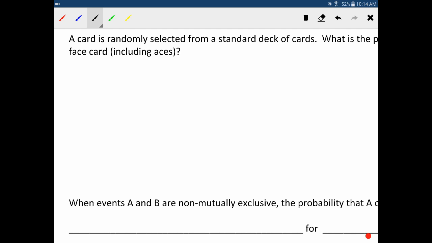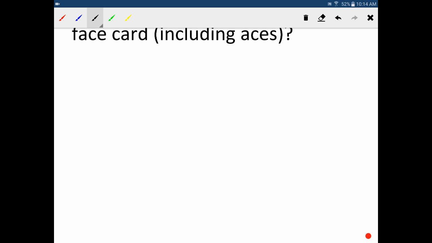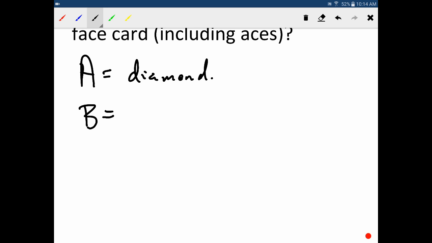First of all, let's define our letters. A is that it is a diamond, and B is that it's a face card.